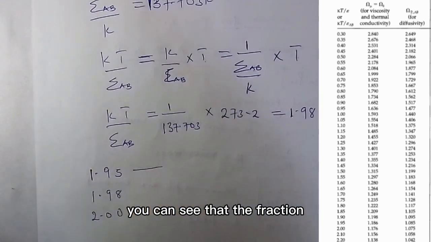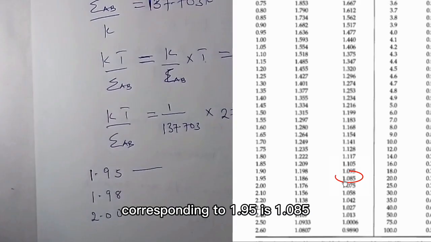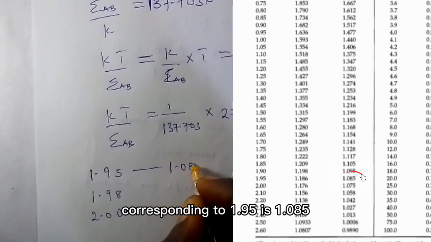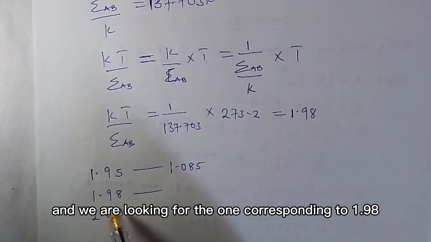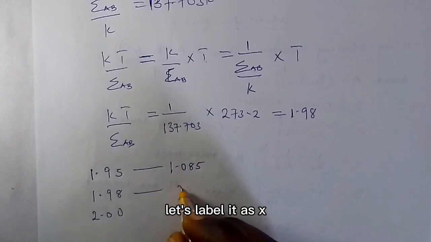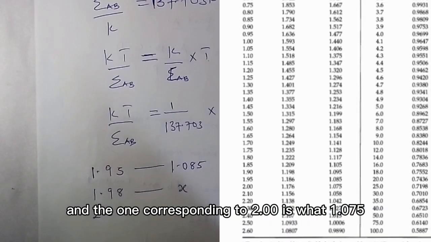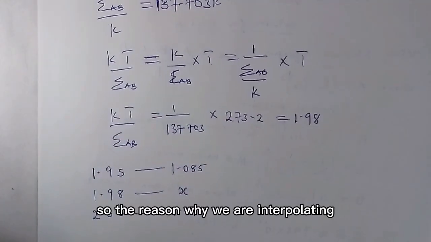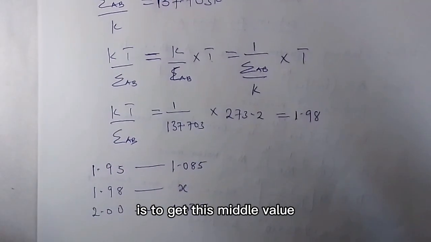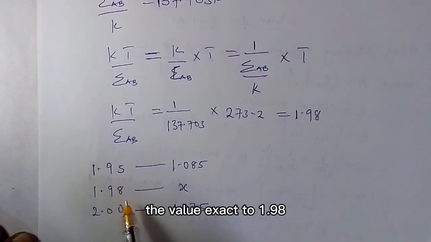You can see that the fraction of temperature and potential field corresponding to 1.95 is 1.085, and we are looking for the one corresponding to 1.98. Let's label it as X, and the one corresponding to 2.00 is 1.075. So the reason why we are interpolating is to get this middle value, the value exact to 1.98.